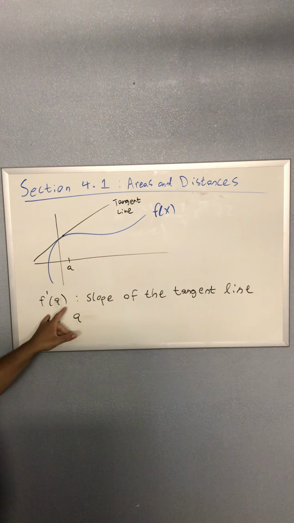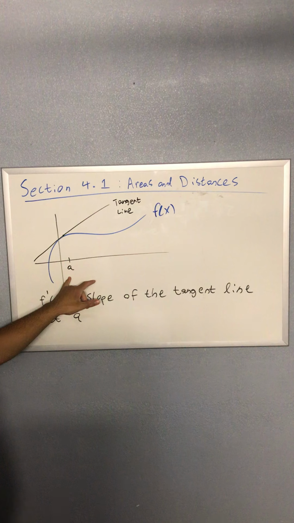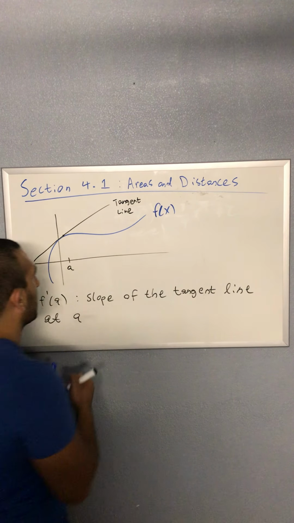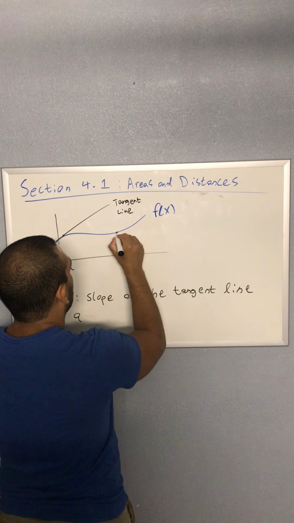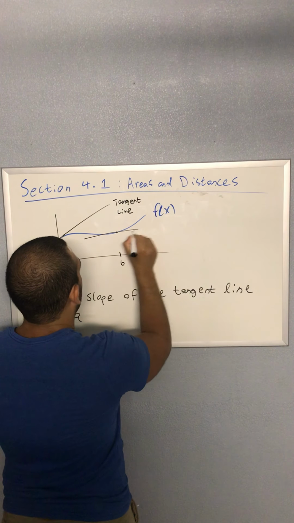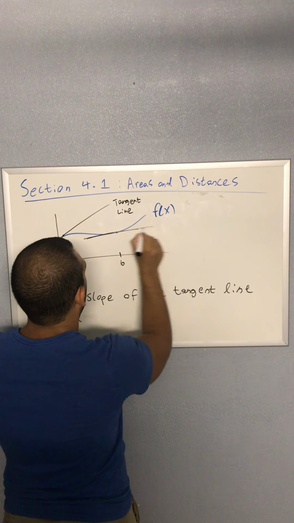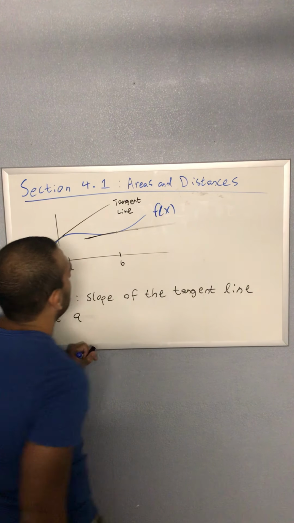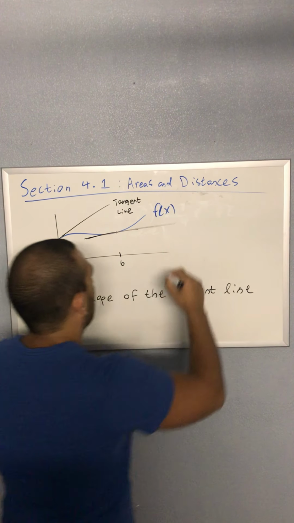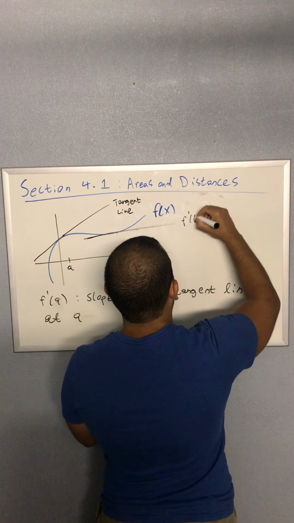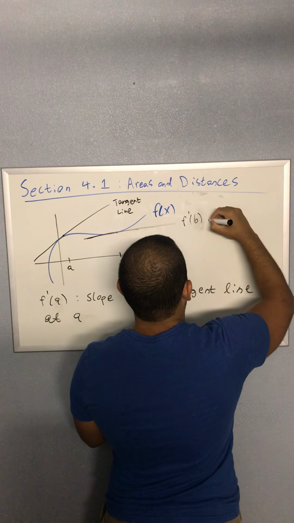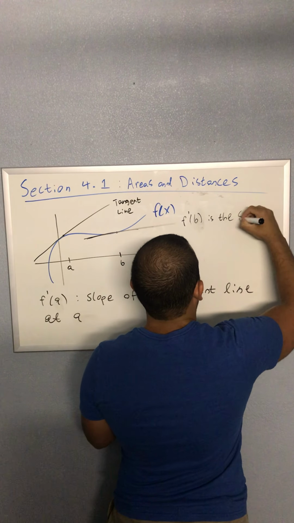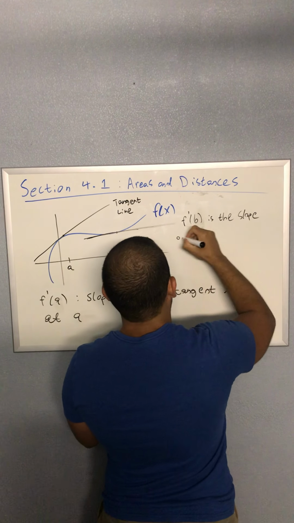And a is some point. What if you take another point b? Then f prime of b is the slope of this line.